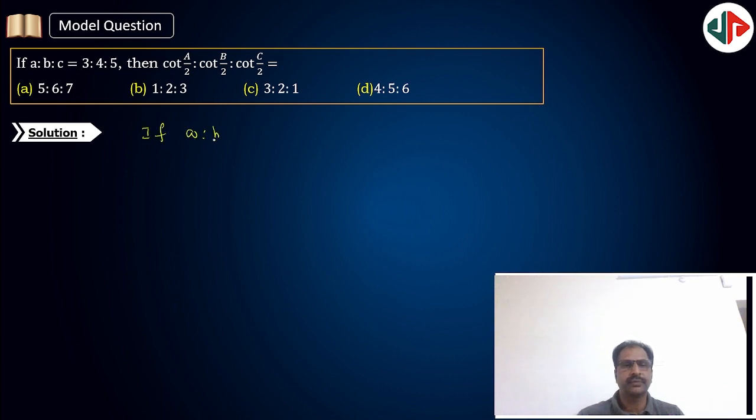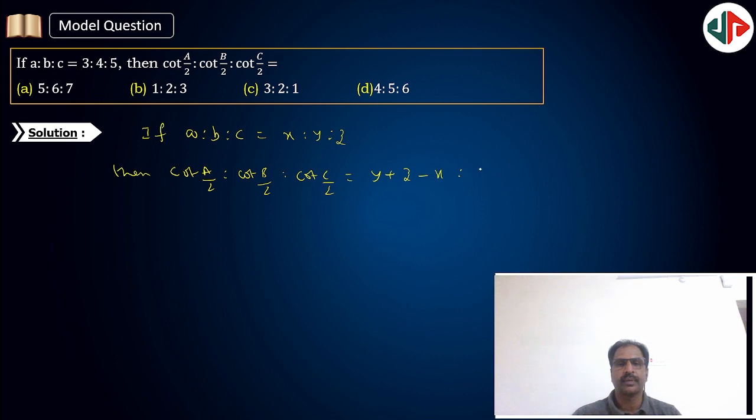If the sides ratio is x is to y is to z, then cot A by 2 is to cot B by 2 is to cot C by 2 is equal to (y plus z minus x) is to (x plus z minus y) is to (x plus y minus z).